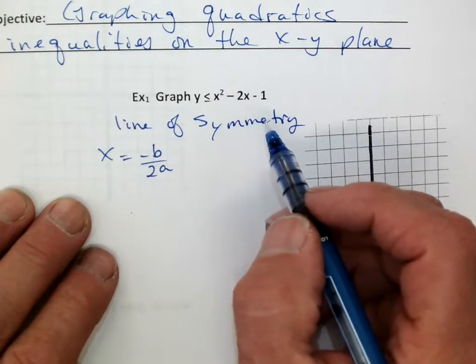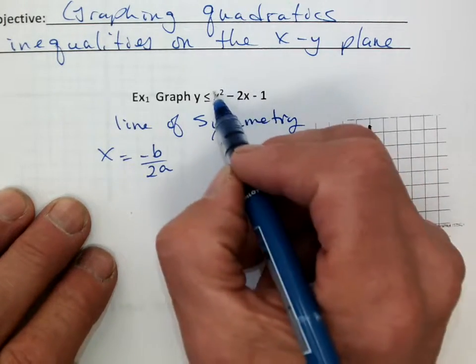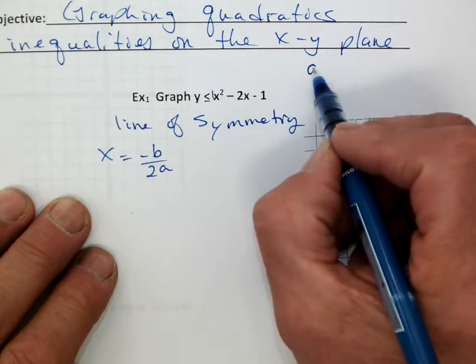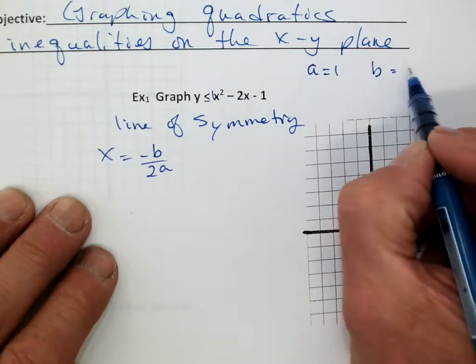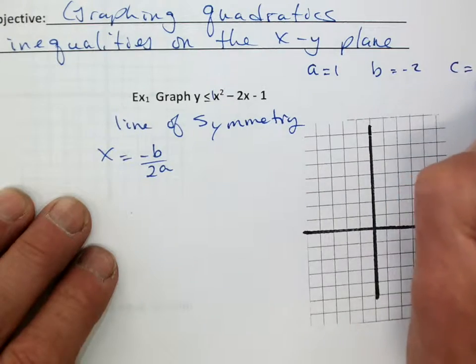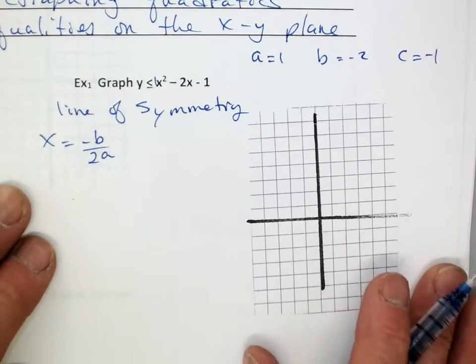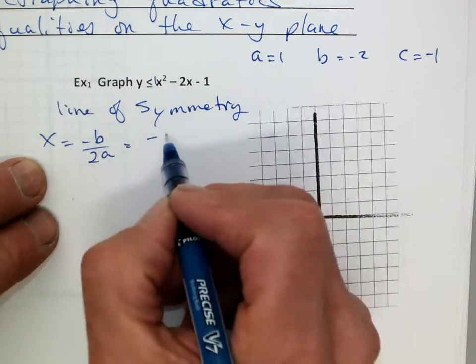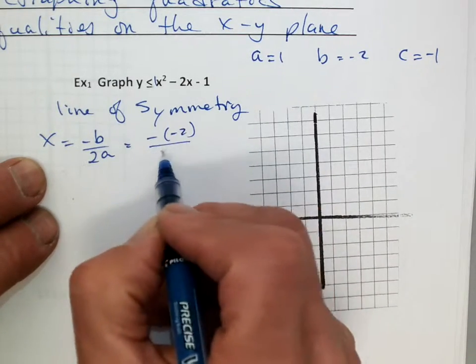So a is 1, b is negative 2, and c is negative 1, okay? I'm going to go negative 2 over 2 times 1.